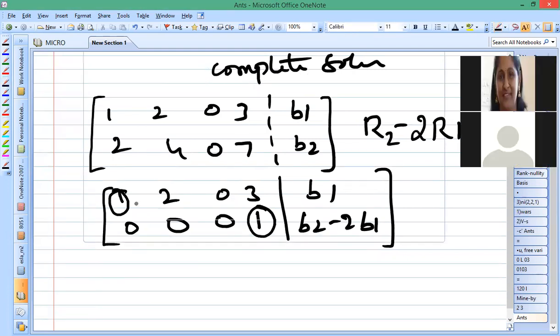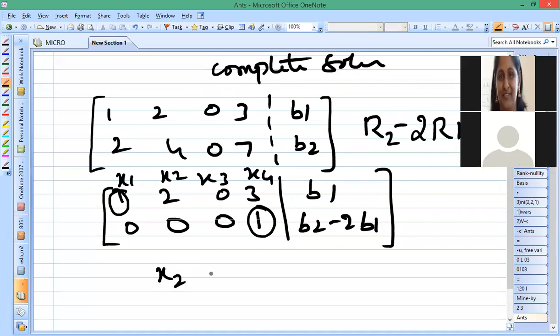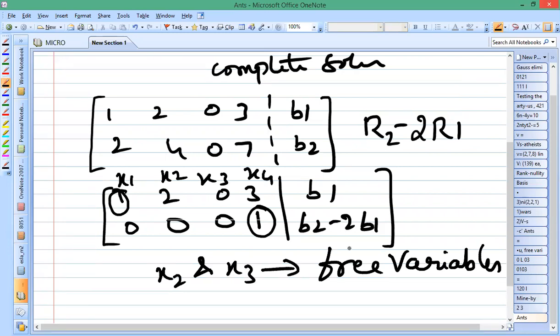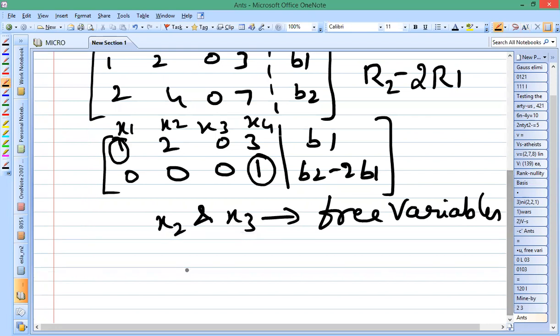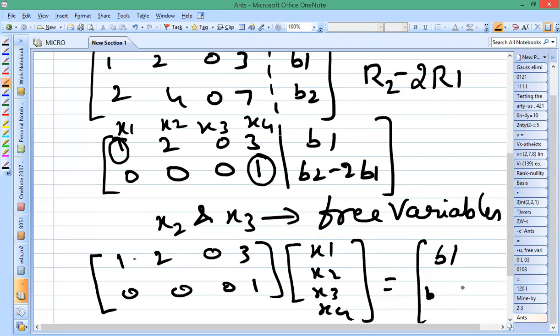Considering the variables x1, x2, x3, x4, excluding the pivot columns, x2 and x3 are the free variables, whereas x1 and x4 are the dependent variables. Now separating the augmented matrix, [1, 2, 0, 3; 0, 0, 0, 1] multiplied with [x1, x2, x3, x4] is equal to [b1, b2 minus 2b1].